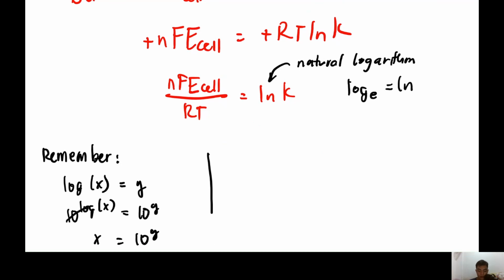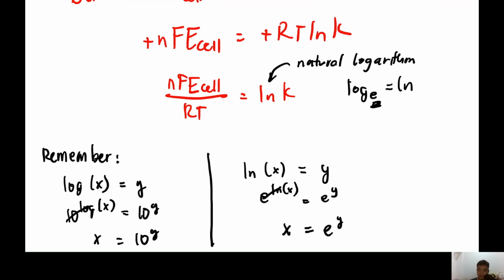But for natural log, we have the same process. Okay, but different base. Remember that ln is base e. So instead of using 10, we have to use the e, the Euler's number. e raised to ln x equals e raised to y. And just like the log, e and ln will cancel out, giving us x equals e to the y.